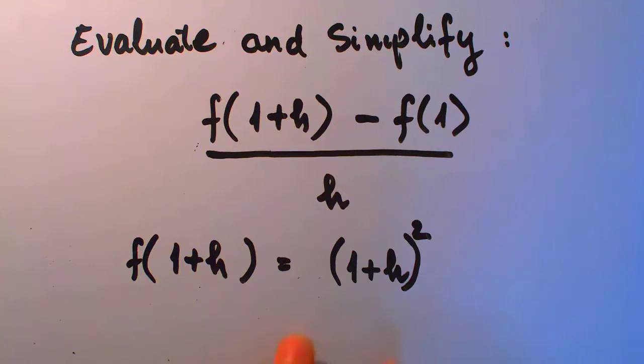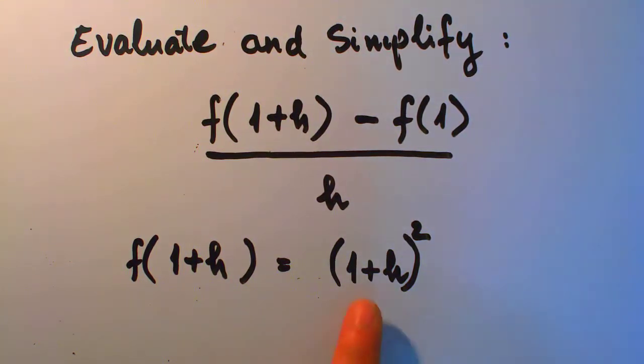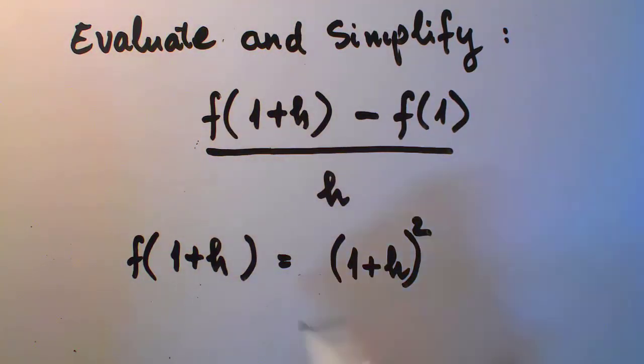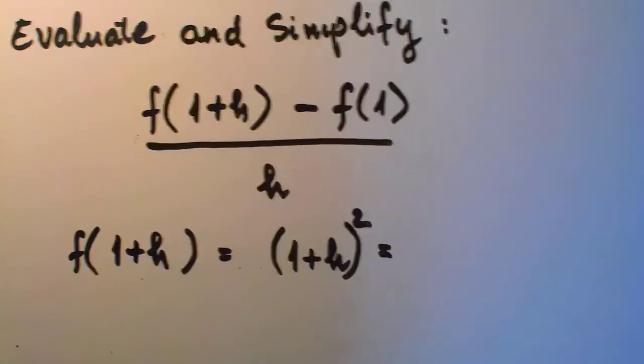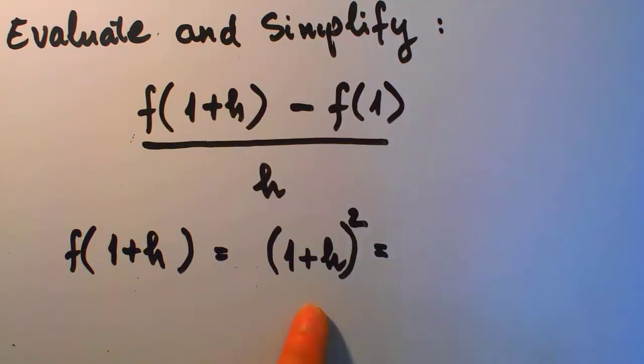Now at this point we have produced for ourselves a perfect square expression, and we can go ahead and FOIL out that perfect square. You have learned quite a few different ways here.